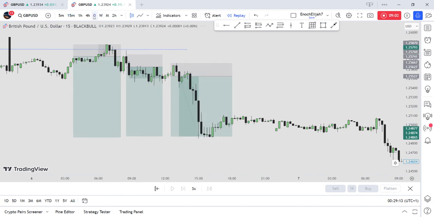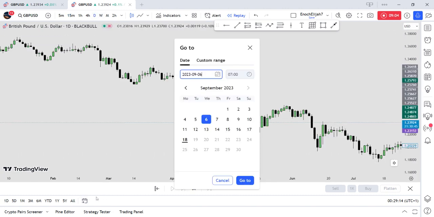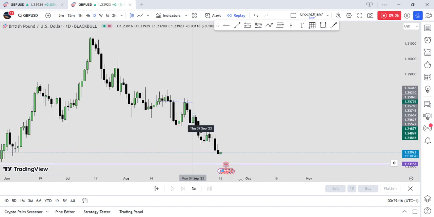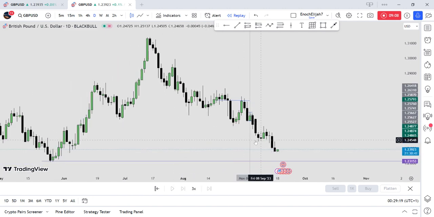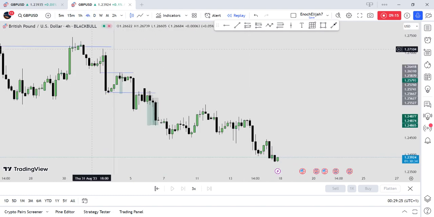Next day, the 7th, go back to the higher time frame to see what price has done and what price is likely to do. On the 7th, price is still coming toward this low. So 4 hours time frame again, looking for where price can possibly reach out to and reverse from.